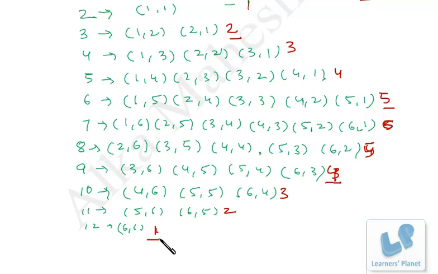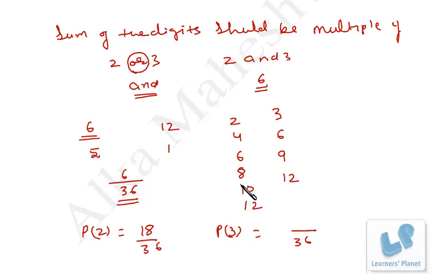So 12 combinations are there which are giving the sum of numbers as a multiple of 3, right? So I write 12 by 36 over here.